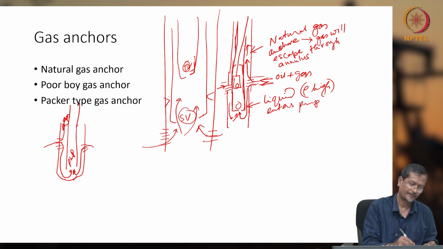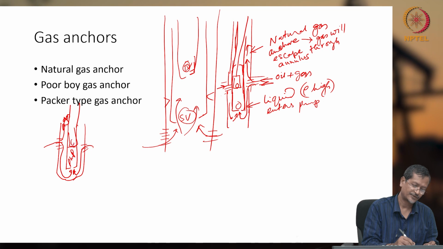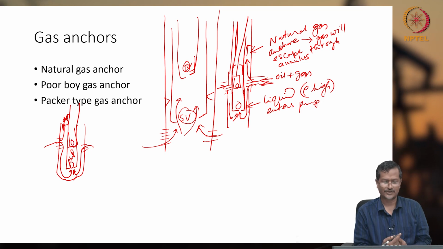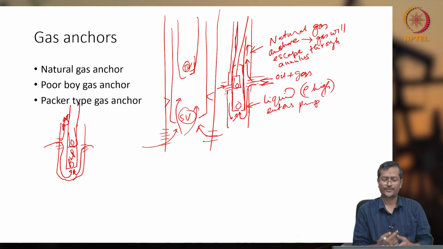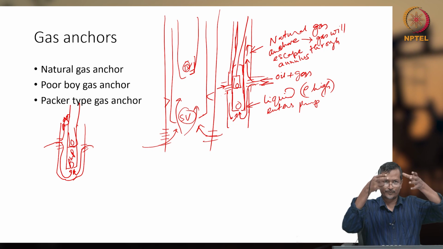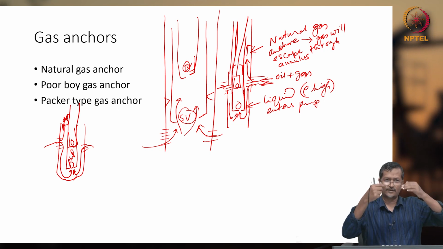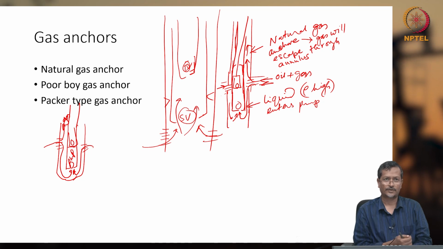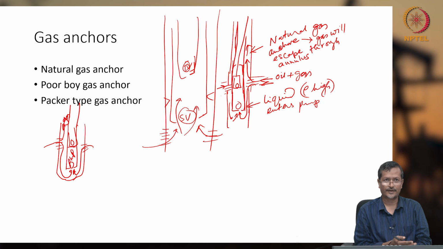The pump will have your traveling valve, standing valve, all this mechanism, right? So the poor boy gas mechanism is similar to the natural gas anchoring system. In the perforation area you put this instrument, the poor boy gas separator system, and it will separate, so gas will be going up and your liquid will be going down and entering your pump.